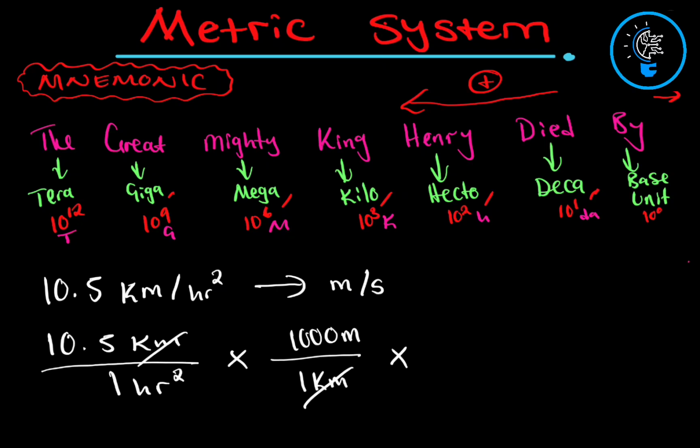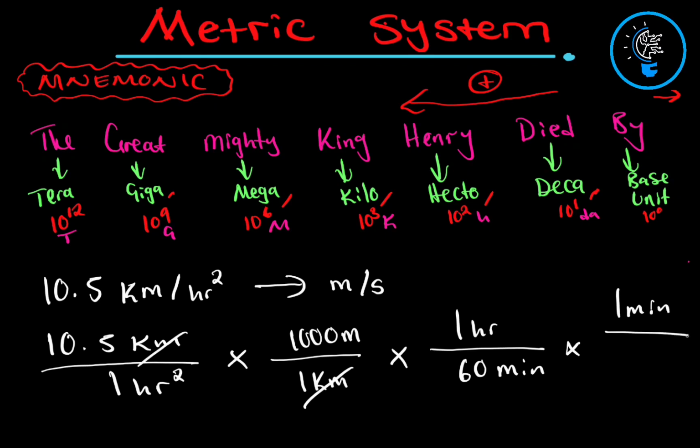Now we can convert time. I'm putting hour on top so that it can cancel with that one. Per every hour, we have 60 minutes, and per every minute, we have 60 seconds. So that and that will cancel.